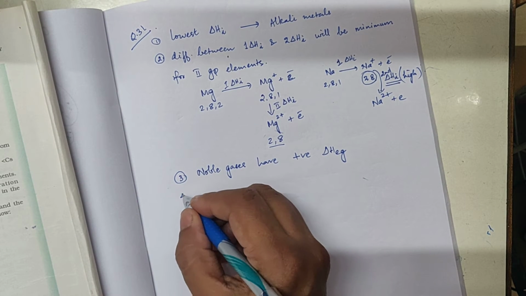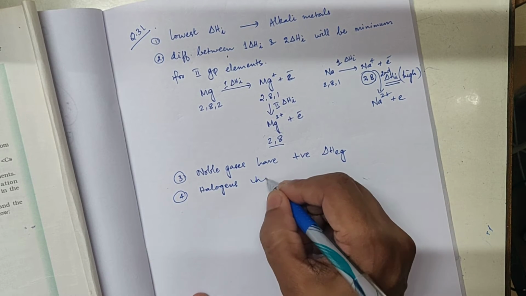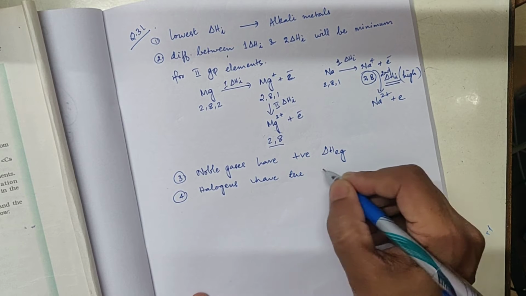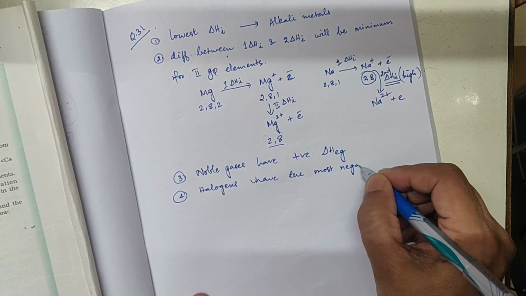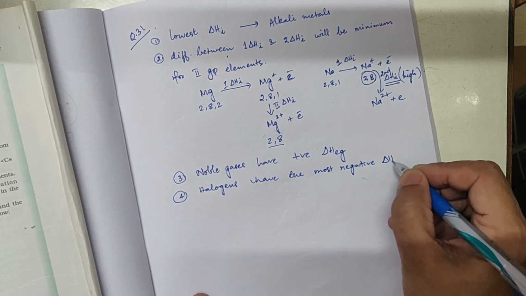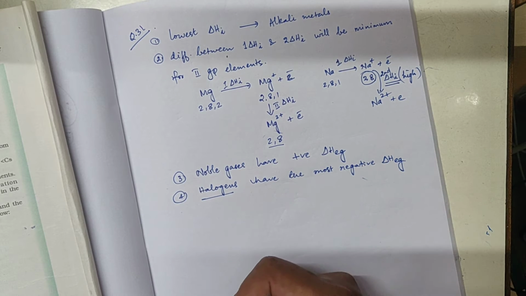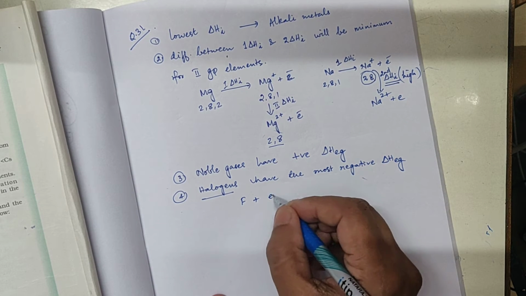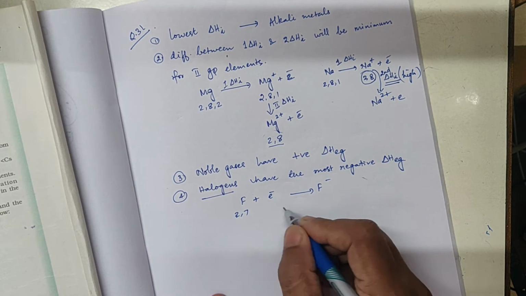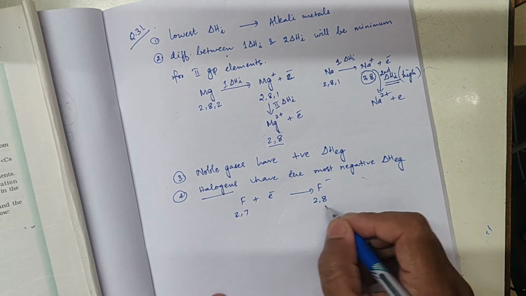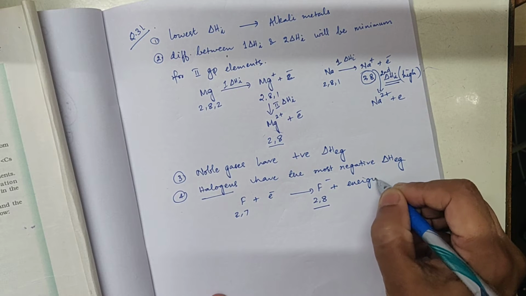Then halogens, they have the largest, or you can say the most negative electron gain enthalpy. Halogens have the most negative electron gain enthalpy, because F plus electron becoming F minus. Now F is having 2,7. After gaining an electron, it becomes 2,8, which is a stable electronic configuration with the release of energy.